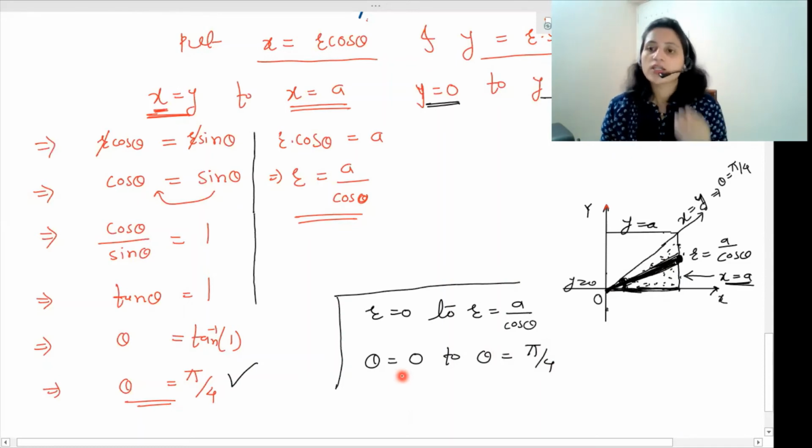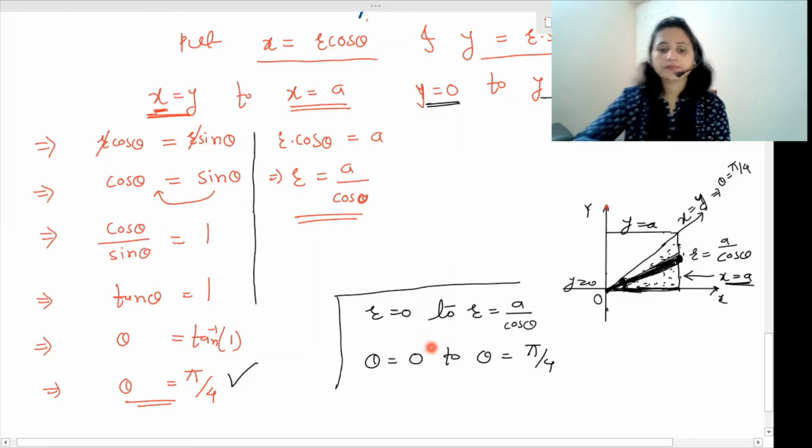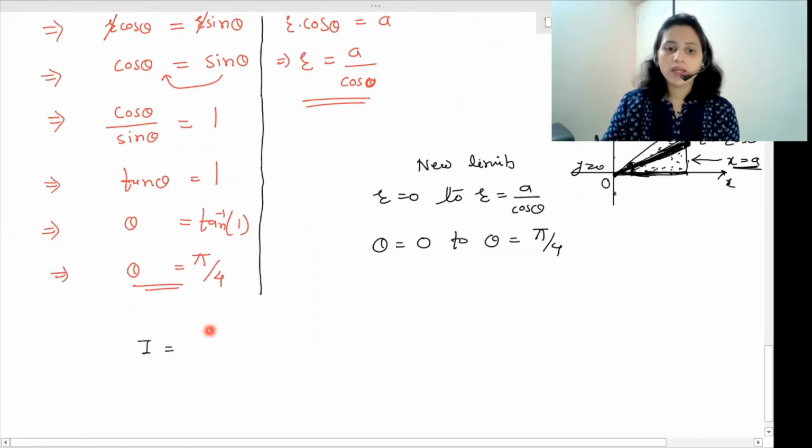Next, we just have to substitute these new limits in our star equation, or the given example, and the given example becomes: theta from 0 to pi by 4, and r from 0 to a by cos theta.